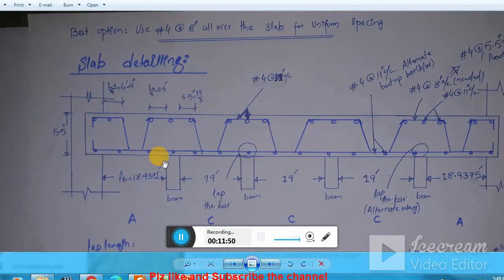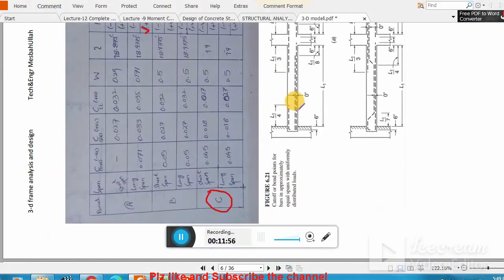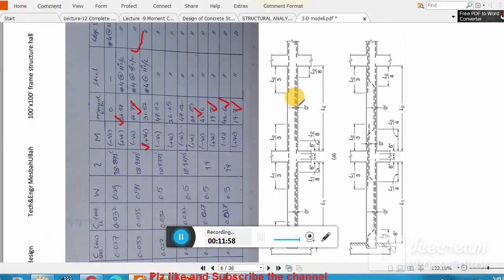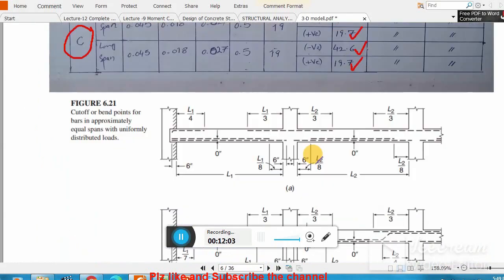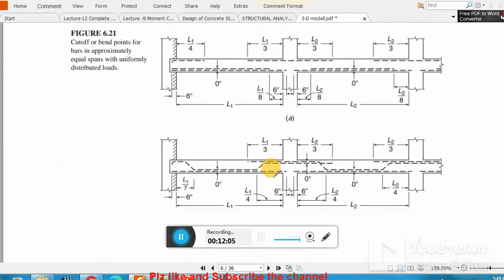Now this bent up bar from the face of this support is at a distance of L by 4. Remember, these are the coefficients. Let me rotate. You see from the first interior support the bent up position is L1 by 4. Remember, this is very important, and the top bar is straight.